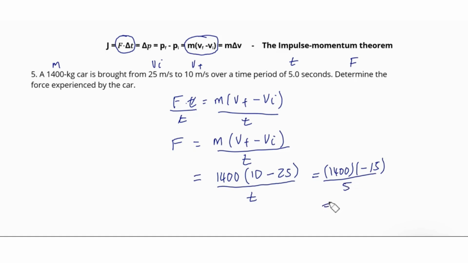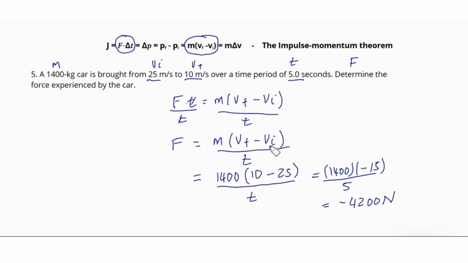And when I put that in the calculator, that gives me negative 4,200 newtons. So that is the force I need to apply for 5 seconds to slow this car down from 25 meters per second to 10 meters per second.